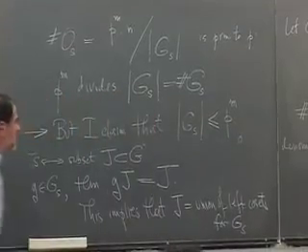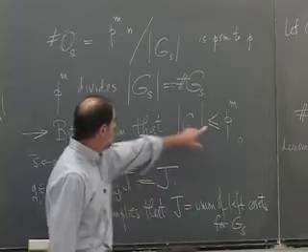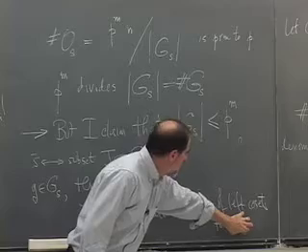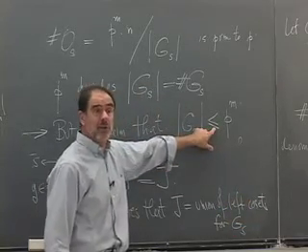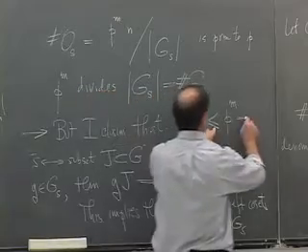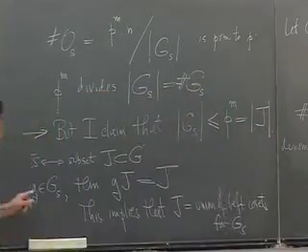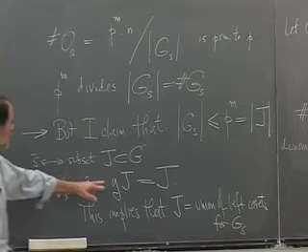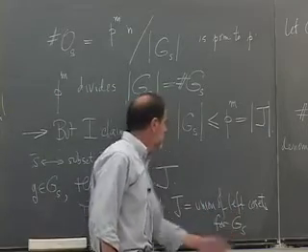For the stabilizer, in particular, the order of J, the size of J, which we know is p to the m, is a sum of the order of GS a number of times. In particular, the order of GS is less than or equal to the order of J, the size of the subset. I claim that if you have an element in the stabilizer, that forces J to be a union of cosets for GS.